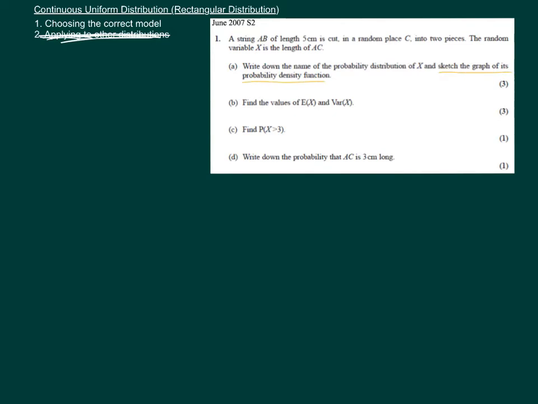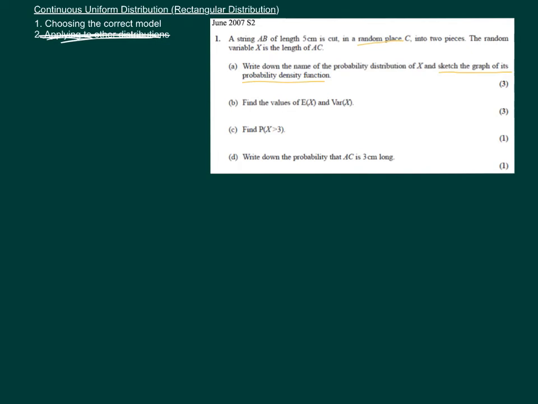So we know that it's a continuous random variable because it's got a probability density function. And the information here tells us that the string is cut in a random place. So it could be cut anywhere along those 5 centimeters.